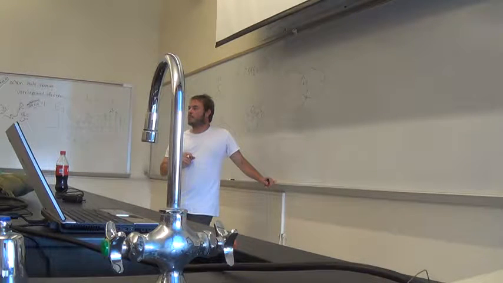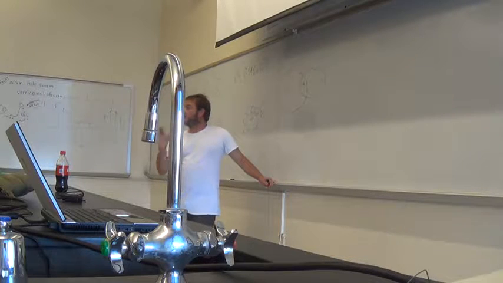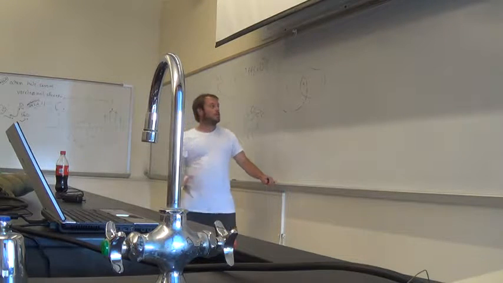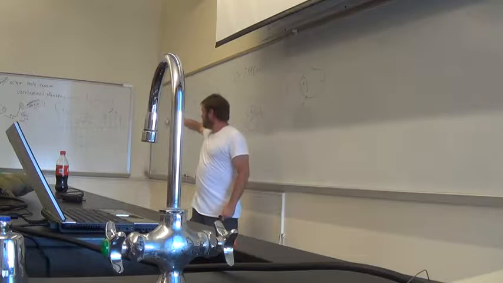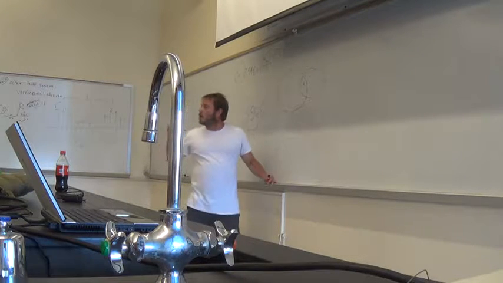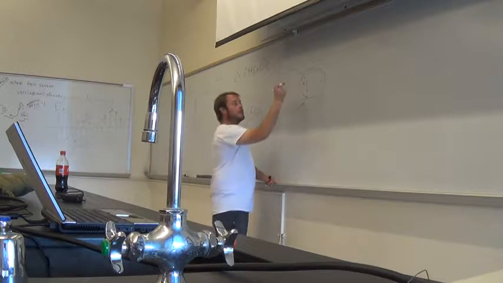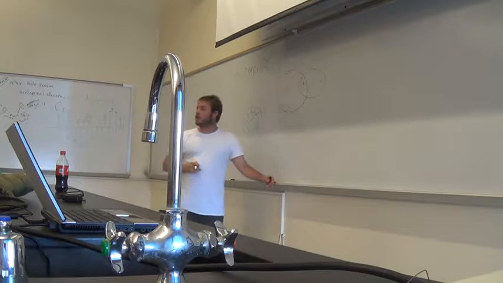Okay? That means that the fields that are present in this photon, remember we've got oscillating fields in that photon, are exerting forces on not only the positive charge, but the negative charge simultaneously.